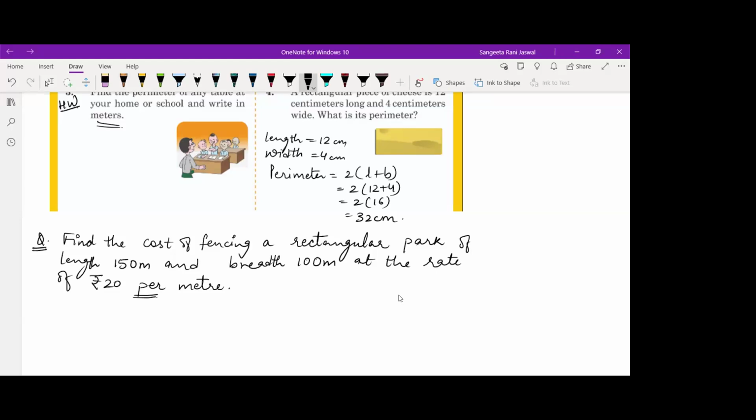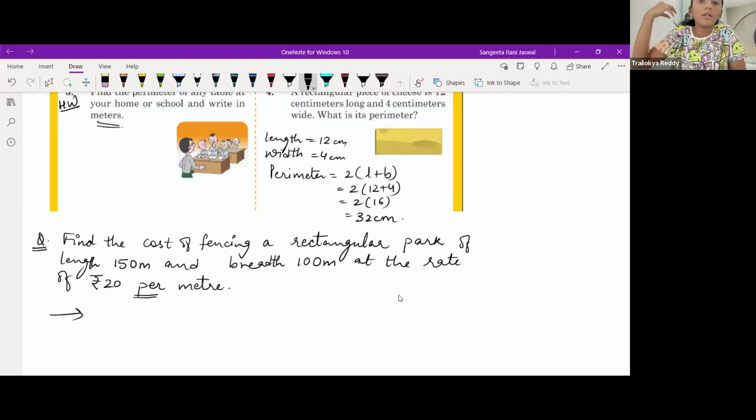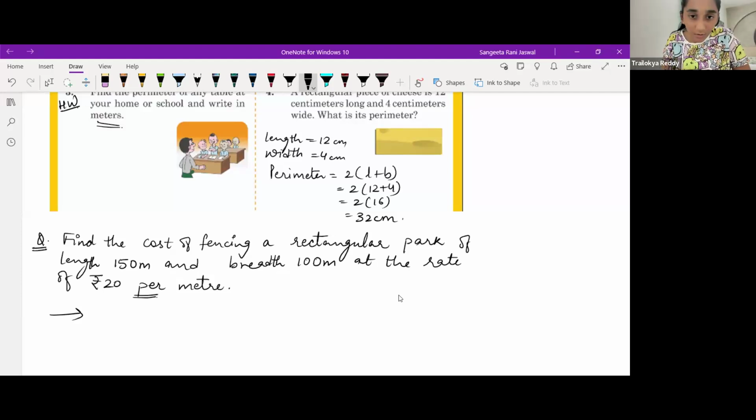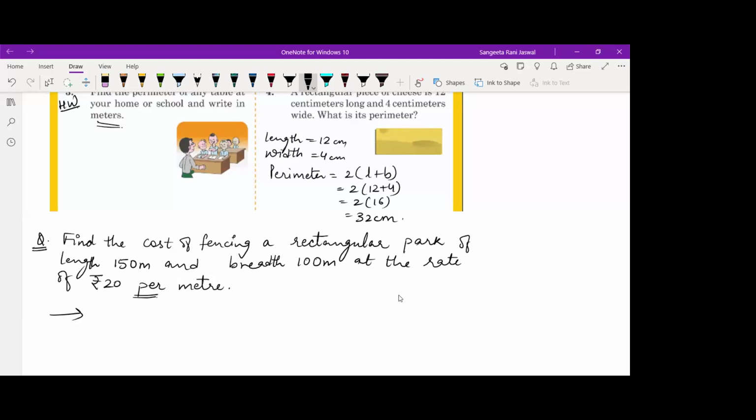Now, the cost of fencing a rectangular park. The length is given to you, the breadth is given to you. So what will you do in the first case? Yes, Trilokya, what will you do first? Ma'am, first we will write length is equal to 150 meters. Yes. Then breadth is equal to 100 meters. Yes.